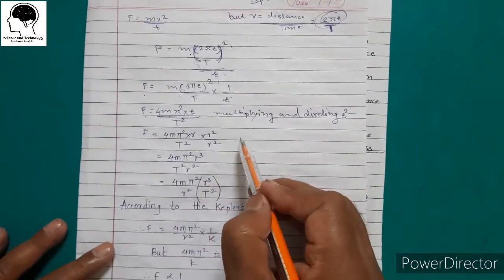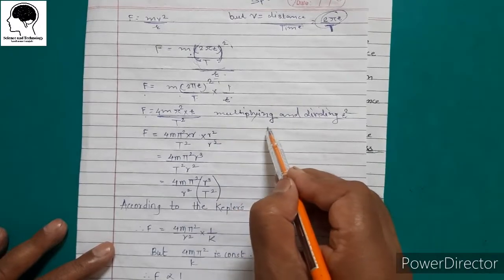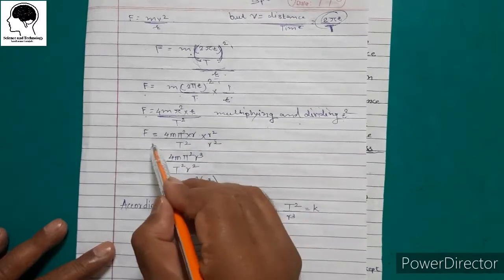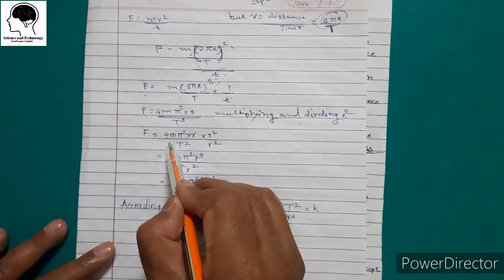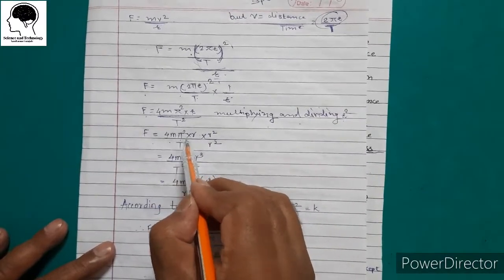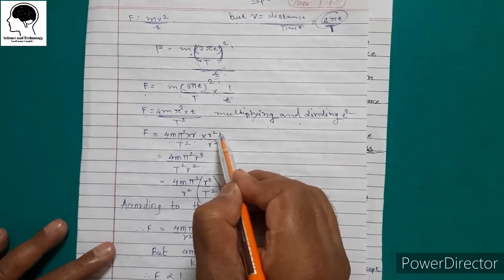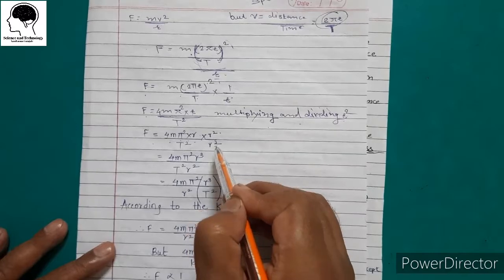Then we have to multiply and divide by r square. Here F is equal to 4m pi square into r square upon r square.